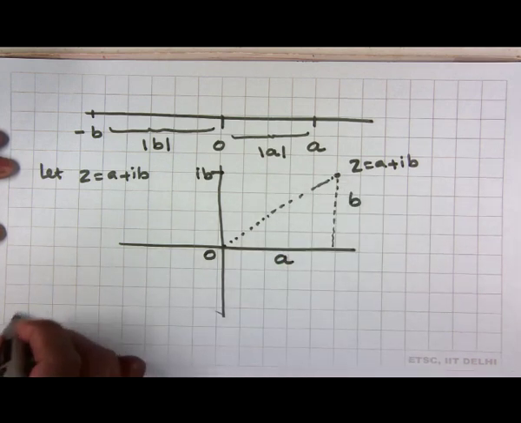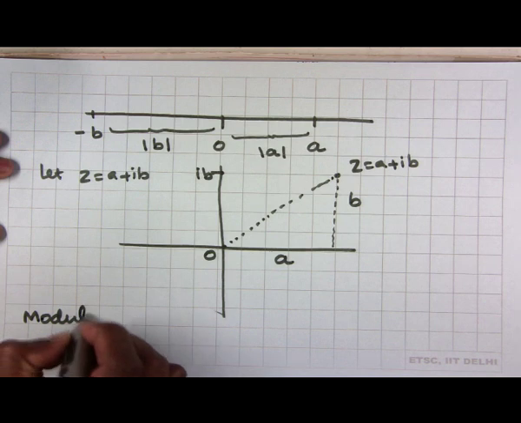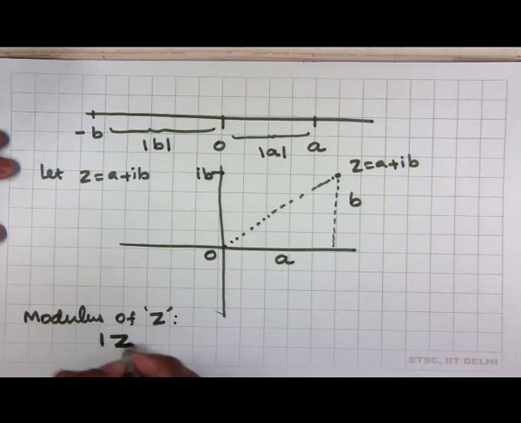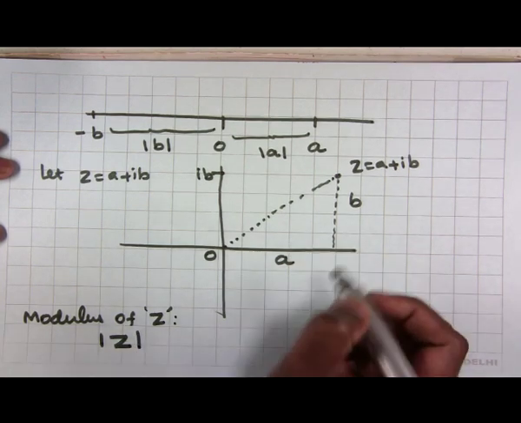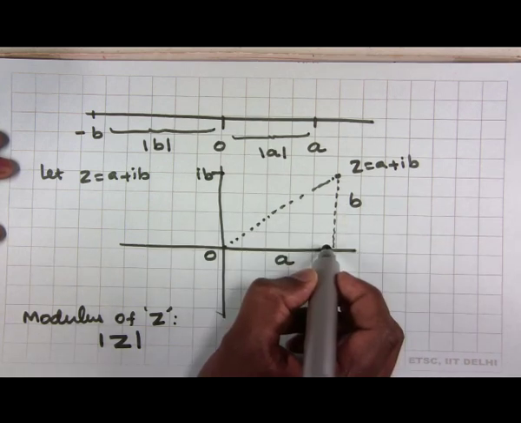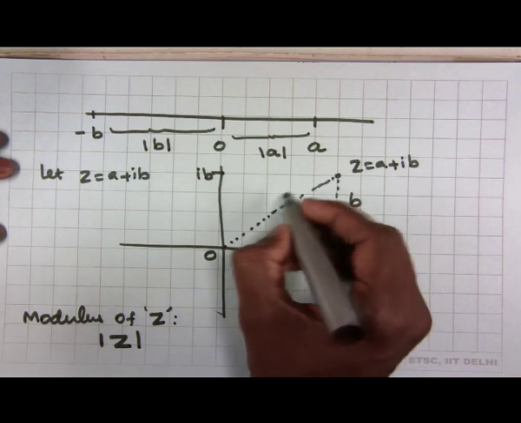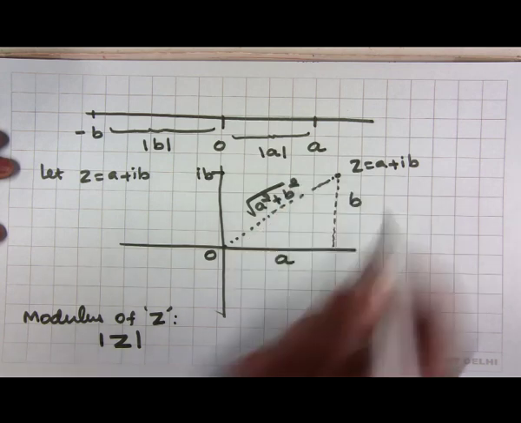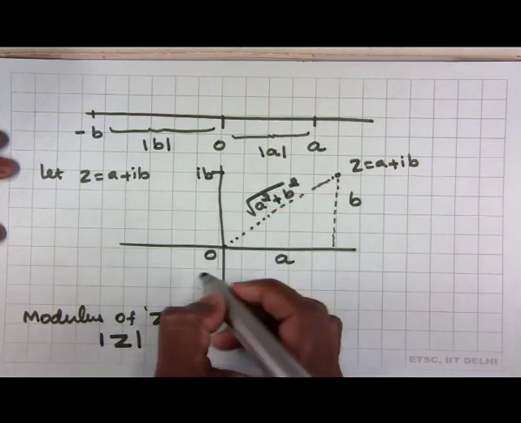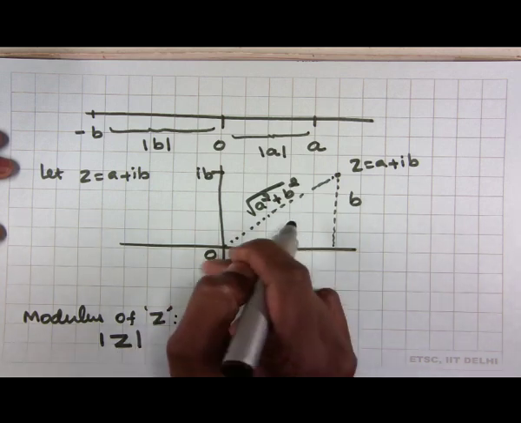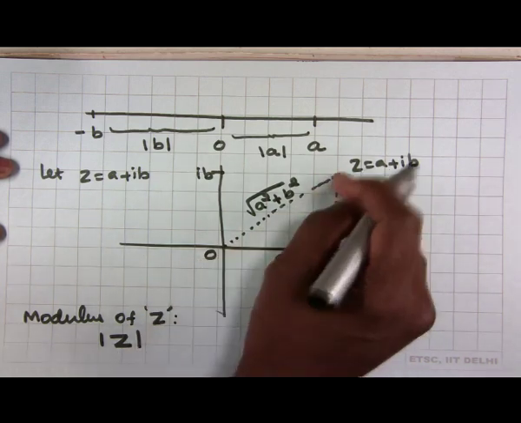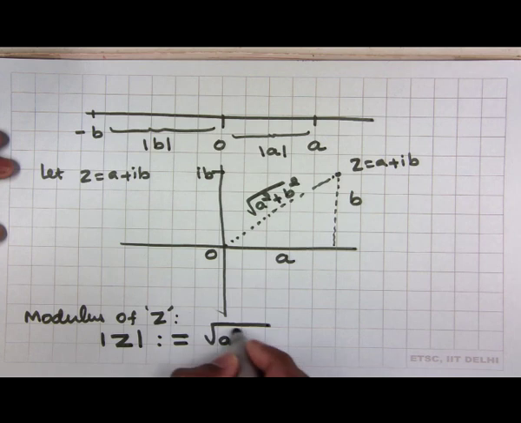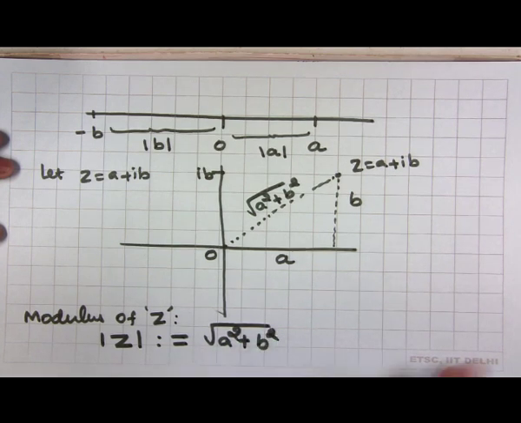So, we would like to define the modulus of z, that is denoted by this notation. By Pythagoras theorem, we know the distance for this is given by square root of a square plus b square. So, it makes sense now, we are trying to define modulus as a distance from the origin to the point. Okay. So, the modulus is defined as square root of a square plus b square.